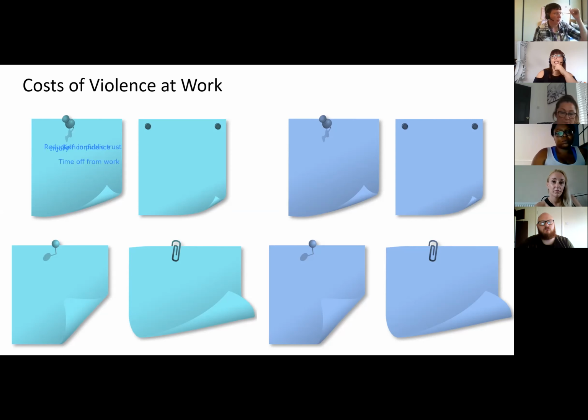And again, Sarah, if you want to pop it in the chat, I can pop it in for you. Just have a little think and pop something on one of the sticky notes.